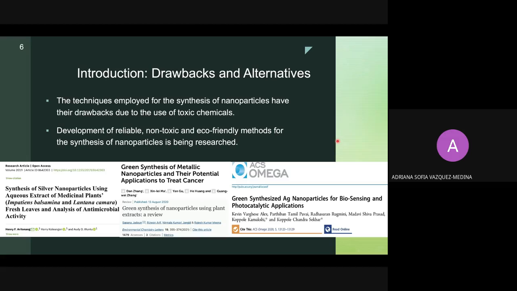The development of reliable, non-toxic, and eco-friendly methods for the synthesis of nanoparticles is being researched, and we wanted to include a couple of the many articles regarding green synthesis of nanoparticles we found. So you guys can actually see that this type of research is taking a lot of prominence presently and is in the front line.